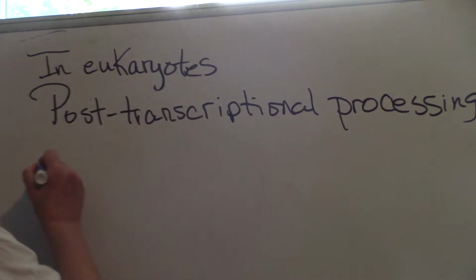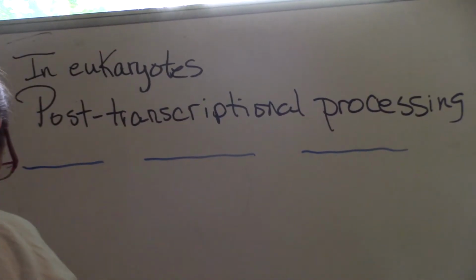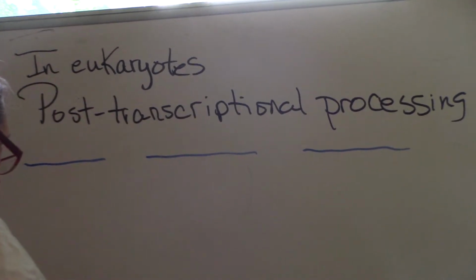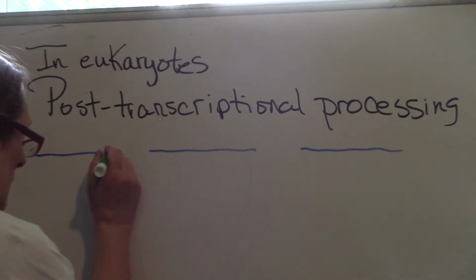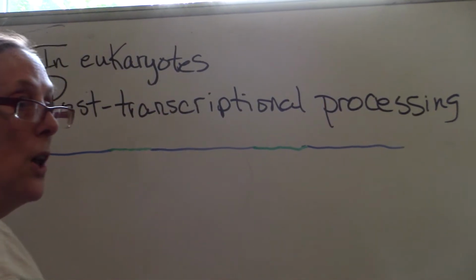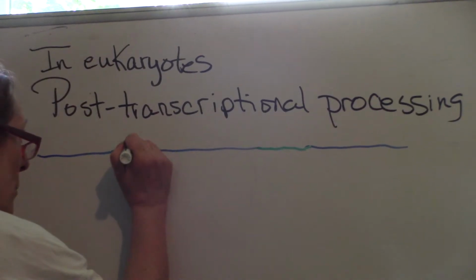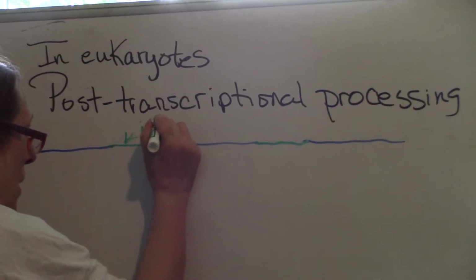if this is the messenger RNA, and I'm going to do this with colors. These are all RNA nucleotides along this, but it's pretty long. The green ones are introns.